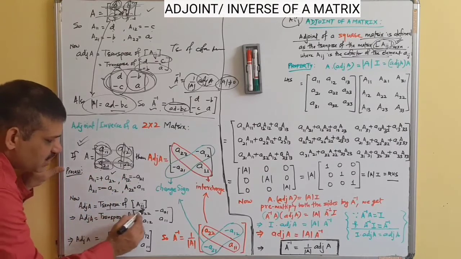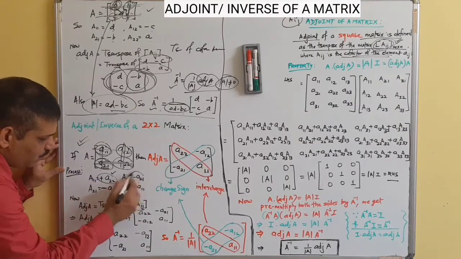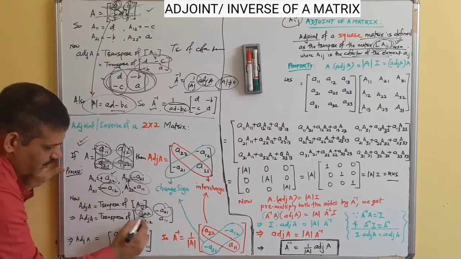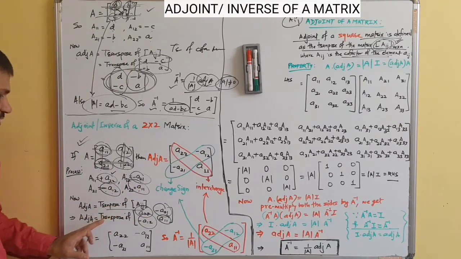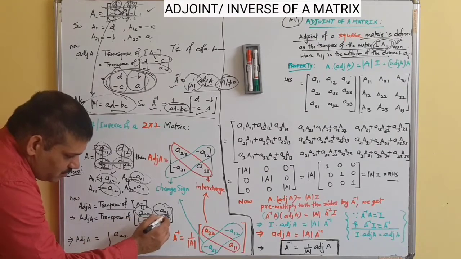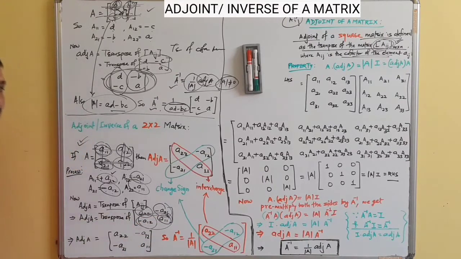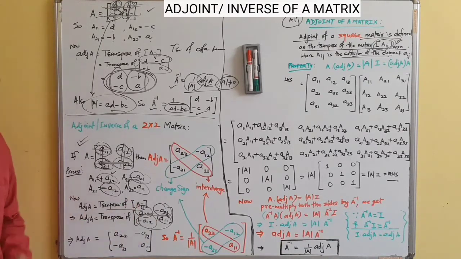So adjoint A is the transpose of the cofactor matrix. The cofactor matrix is a22, minus a21, minus a12, a11. On taking the transpose, the first row becomes the first column and the second row becomes the second column.